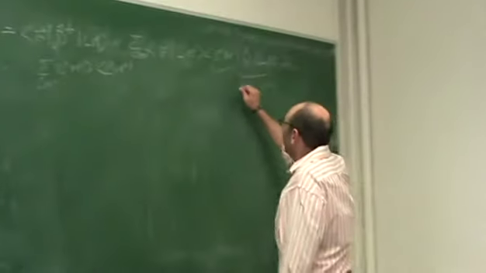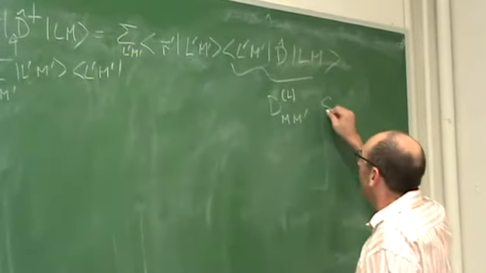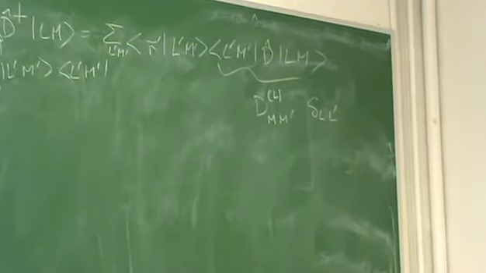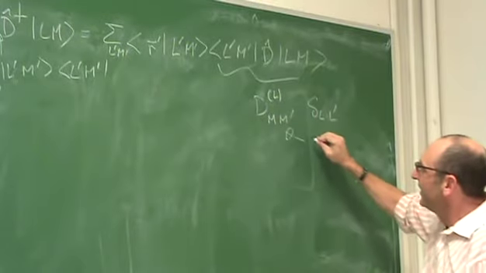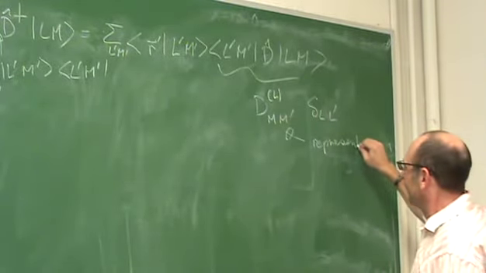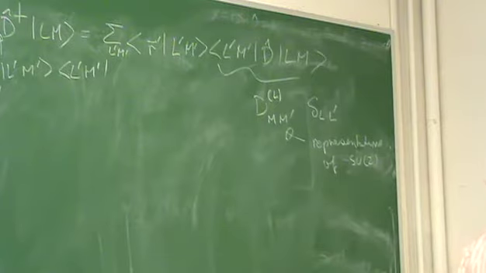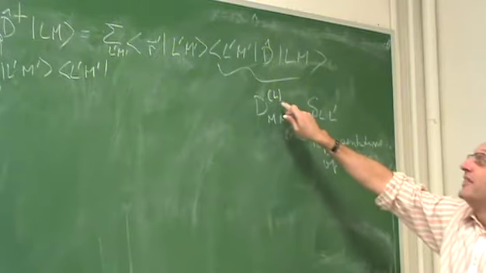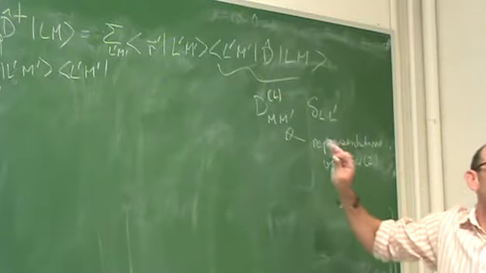So this is a matrix which has off-diagonal matrix elements in M, but no off-diagonal matrix elements in L. So for a given L, there's a matrix, and these are the irreducible representations of SU(2), in this case with integer L. Now when we go beyond position, we can also have the half-integer representations, which is why we have to deal with SU(2) and not SO(3).